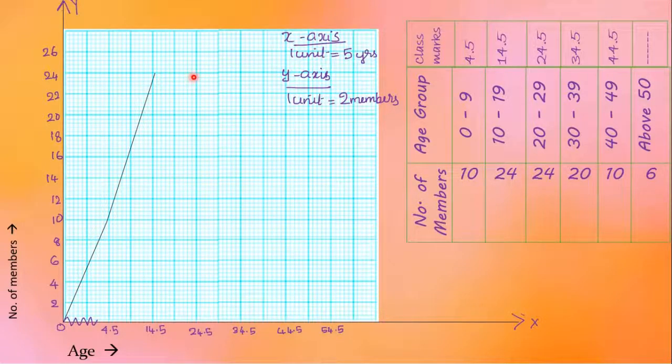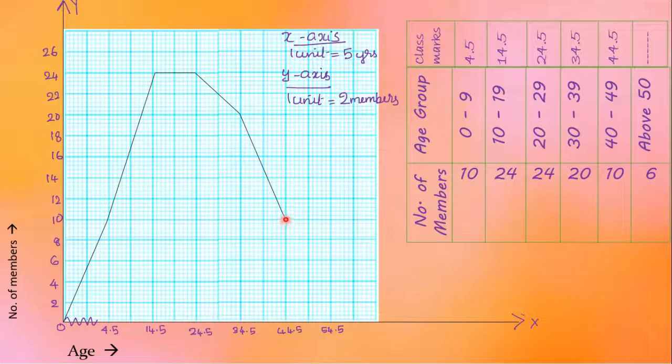Then what about the next one? Yes, for the class mark 34.5, the frequency is 20. So we will reach here. Let's draw it. Again, for 44.5, the marking should come at 10. Correct. So here is the point corresponding to 44.5.